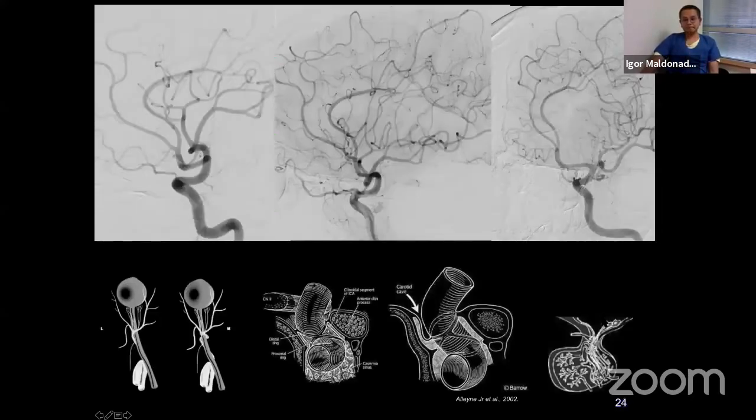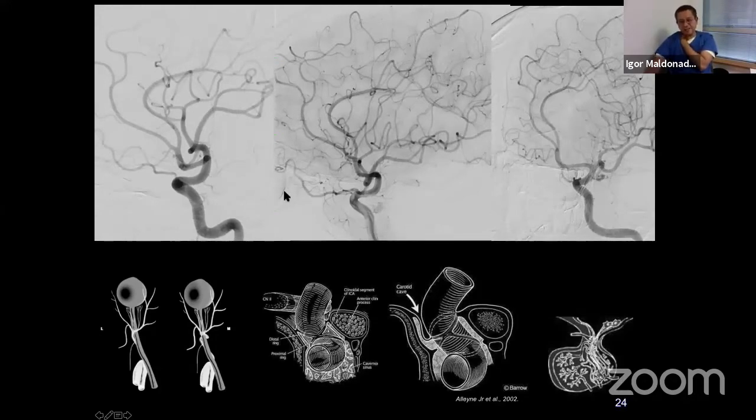So in this view, we can recognize the ophthalmic artery. As you see here, as I mentioned, it is a classical landmark from the roof of the cavernous sinus. Something important: in a later phase, we can see the choroidal blush that is filling from the ophthalmic artery.